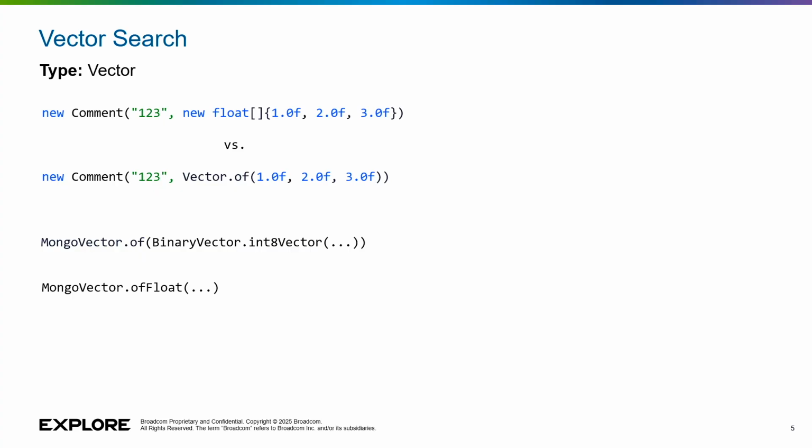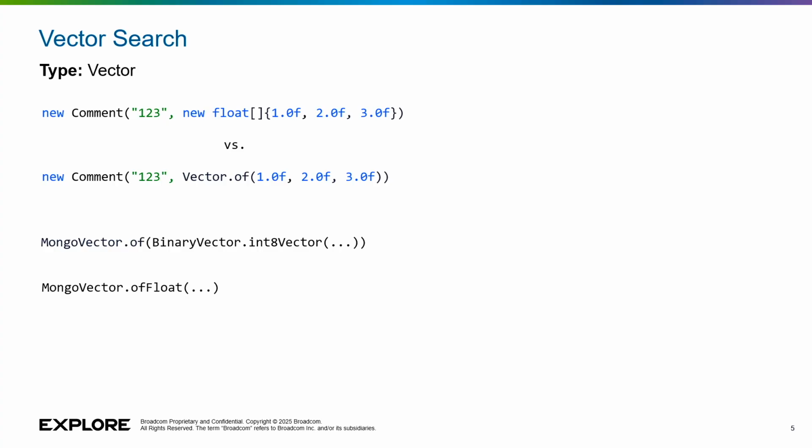The reason we've created this type is that all the different data stores that support vector search represent it slightly differently. Ultimately, it's usually floats, but for instance, Mongo represents it with a class called BinaryVector. So we've introduced this Vector type to abstract that away, to insulate from changes, and also to have a common way to create a vector when you're doing search.